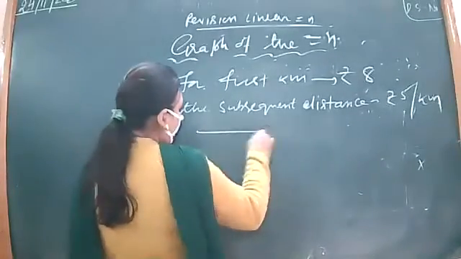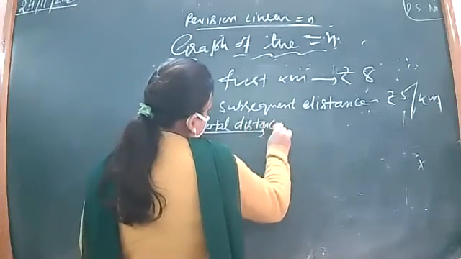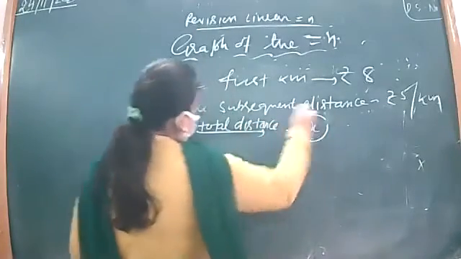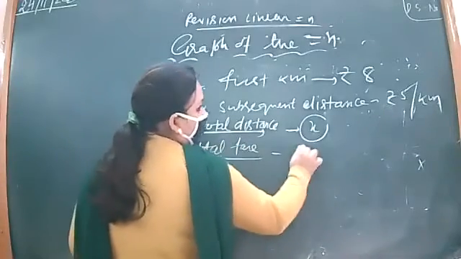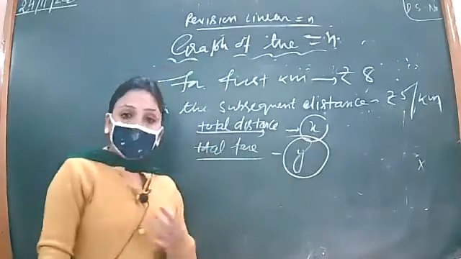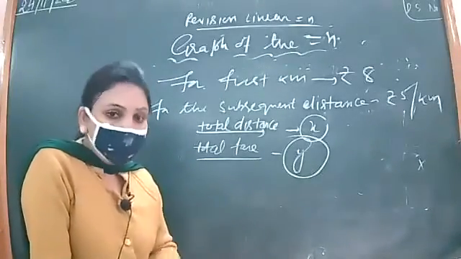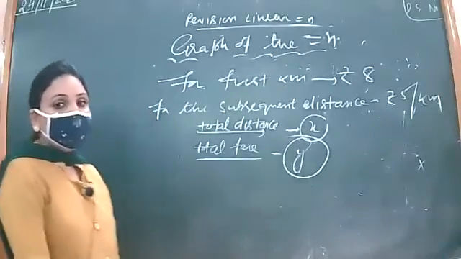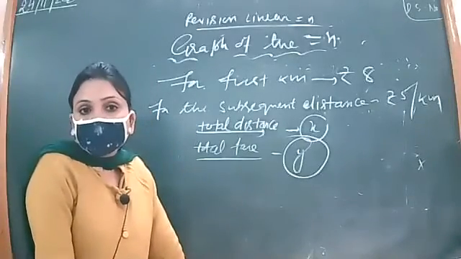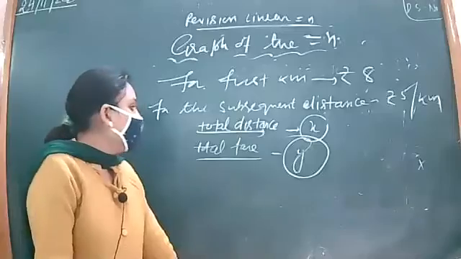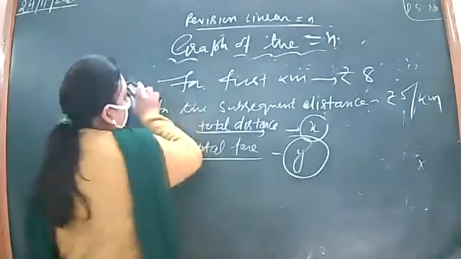Let us take the total distance to be x and total fare to be y. This is very important, to choose two things and assign them to different variables, right? So we have assigned x to the total distance and y to the total fare. Now let us understand this through a diagram.